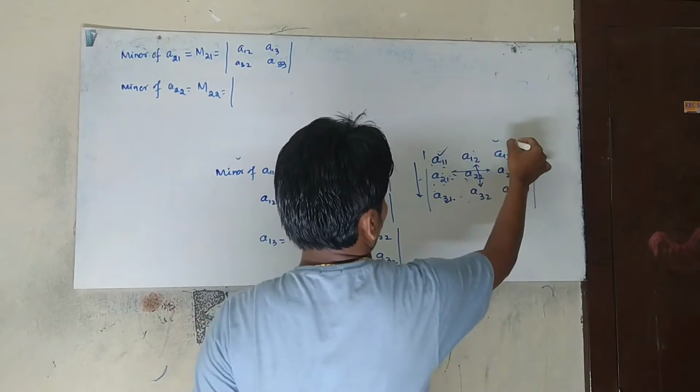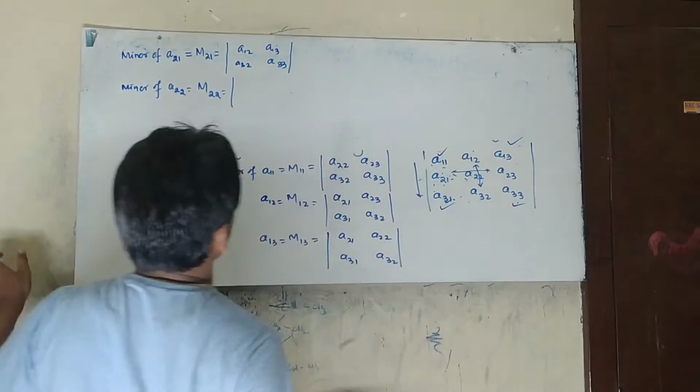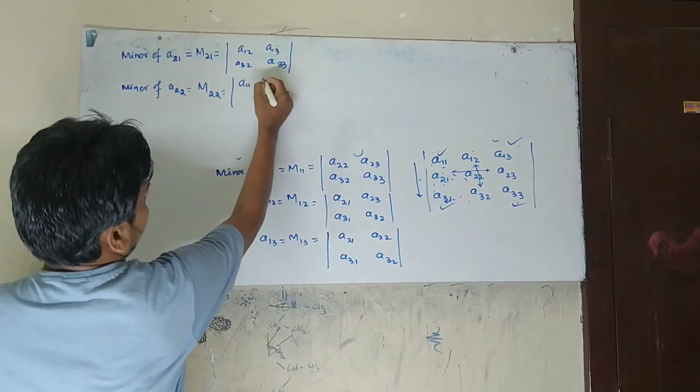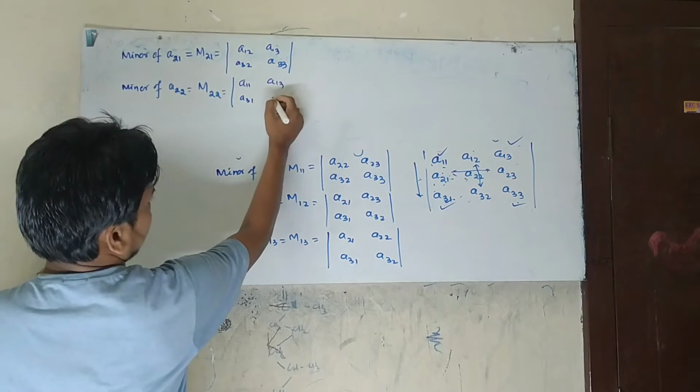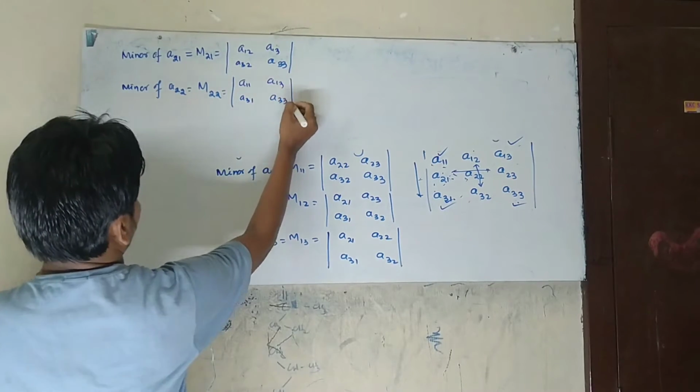Now the remaining four are A11, A13, A31, A33.